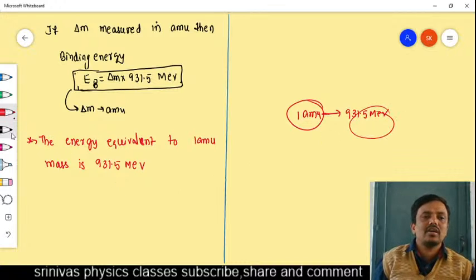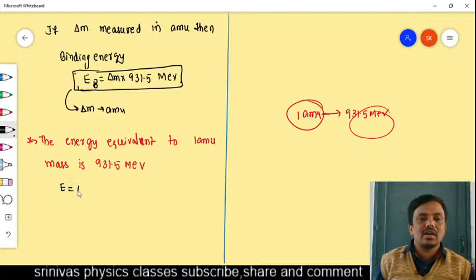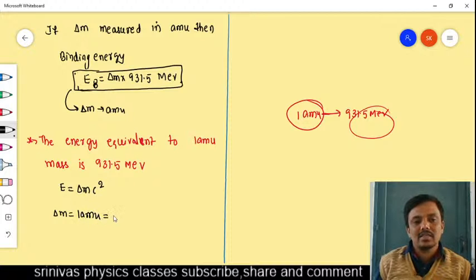Then you can also find the energy released by using the formula for the binding energy, E equal to delta m c square. You write delta M as 1 AMU, which you convert into kgs while using this formula. That is 1.66 into 10 to the power of minus 27 kg, and c value is 3 into 10 to the power of 8.